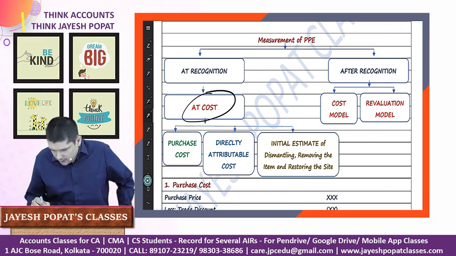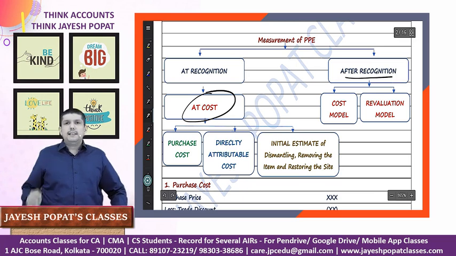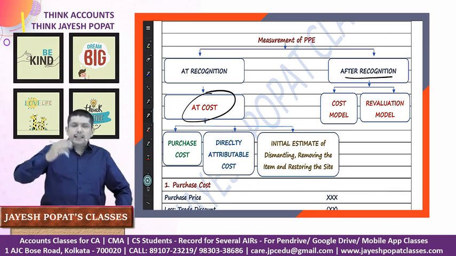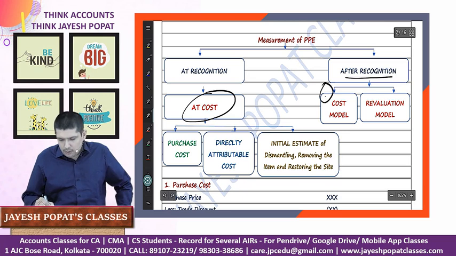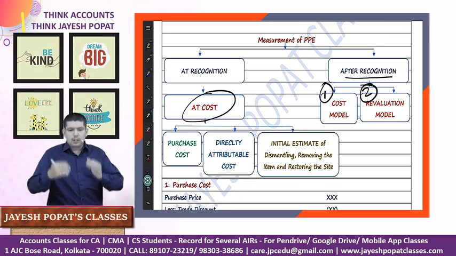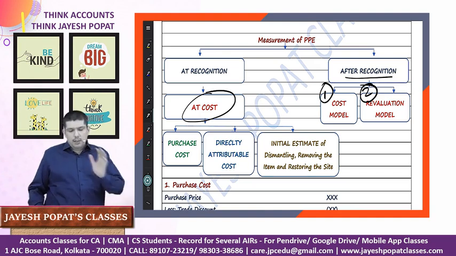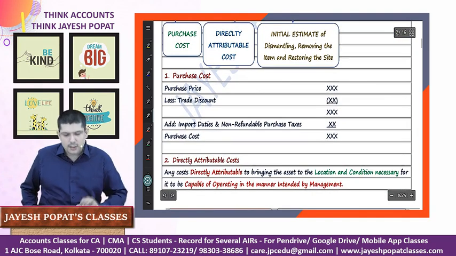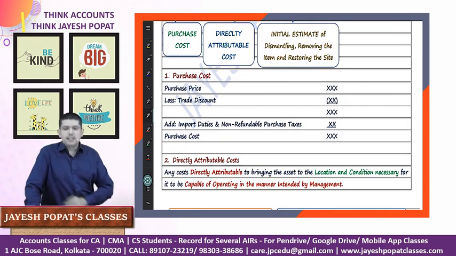And after initial recognition, you have capitalized the asset in the books of accounts. Then at each balance sheet date, you have an option either to follow the cost model or you can follow the revaluation model. First, we will talk about the initial recognition at cost, and we look at the three components, which is purchase cost, directly attributable cost, and initial estimate of dismantling, removing and restoring the site.